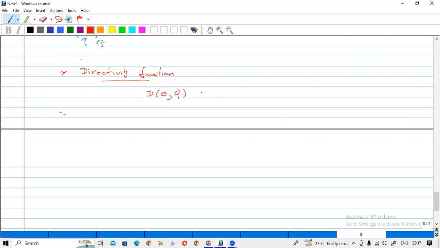Actually it is defined as U, the radiation intensity, a function of theta and phi, divided by U naught, the isotropic radiated intensity. So the directivity function is defined like this. U naught is nothing but PT divided by 4π.